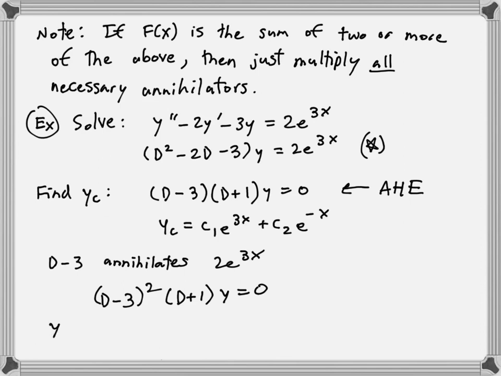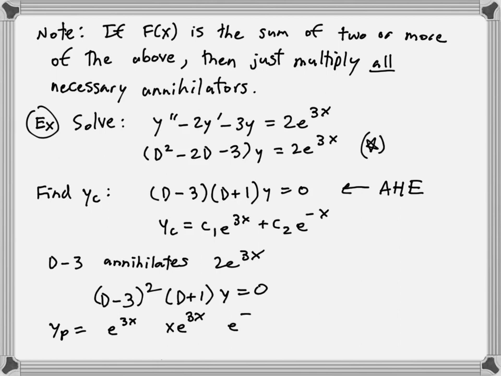So when we write down yp, what are we going to get here? Well, remember, when we get a repeated root, let's think back to section 8.2. When we get a repeated root, we actually are going to have several terms, right? First we have an e to the 3x term. Then we have an x e to the 3x term. That takes care of our multiplicity.